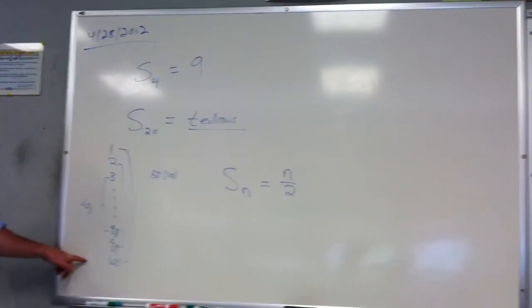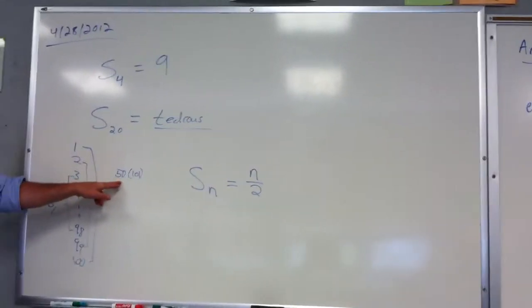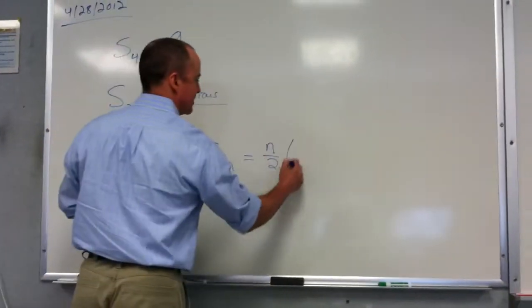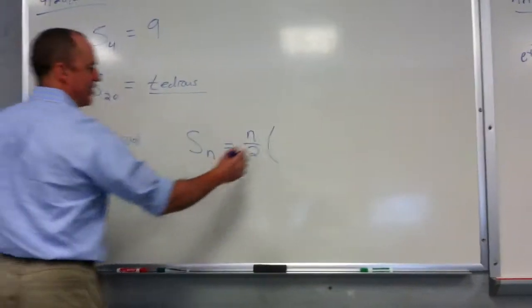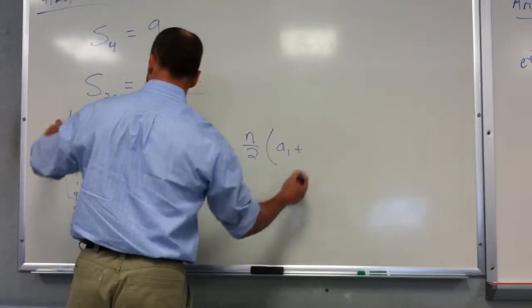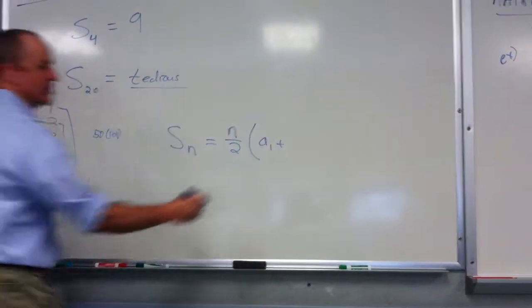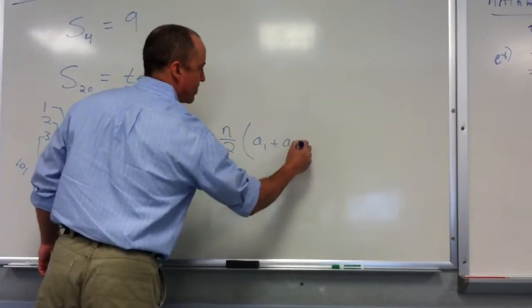In 100 numbers, you wound up multiplying by 50. Times what you get when you add the first term plus the last term.